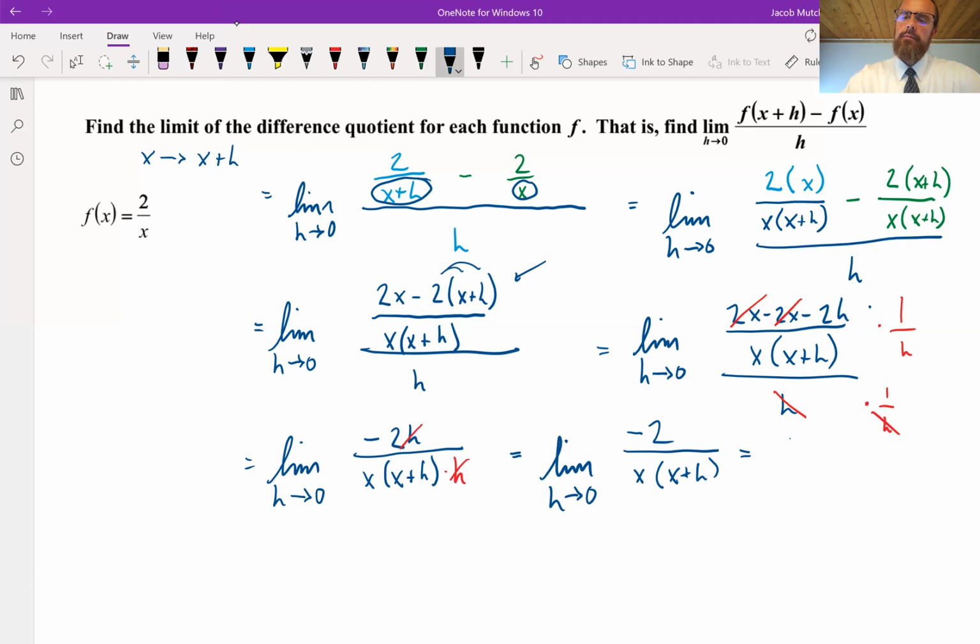So this has the value of negative 2 over x times x plus 0. And then x plus 0 would just reduce to x. x times x is x squared. So a final answer here, in fact, we'll bump down this direction, is negative 2 over x squared.